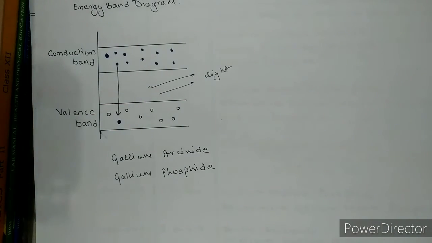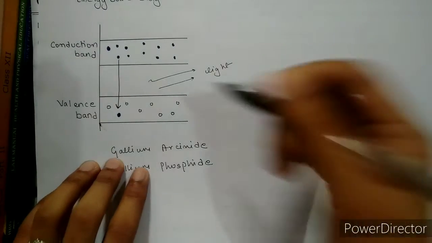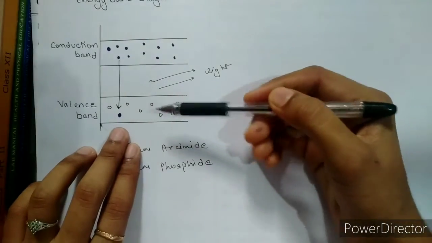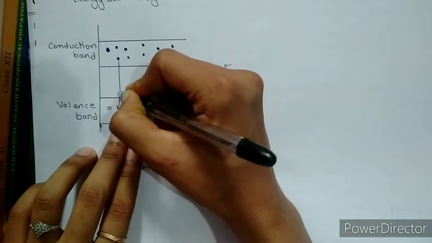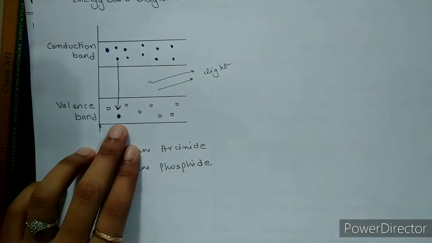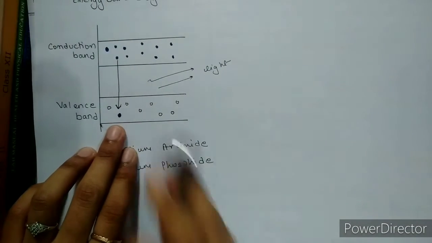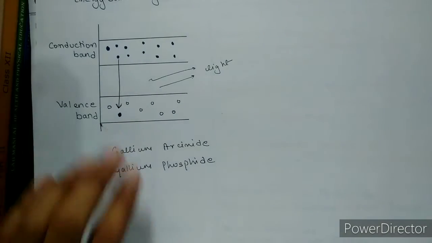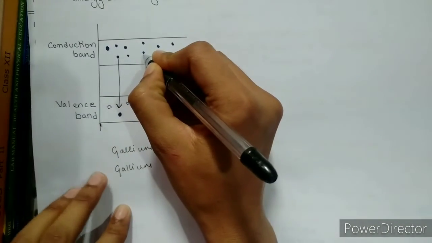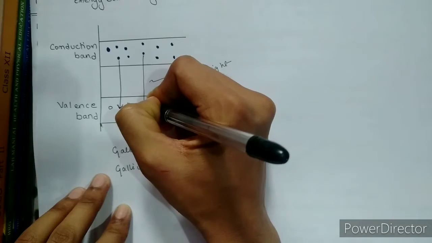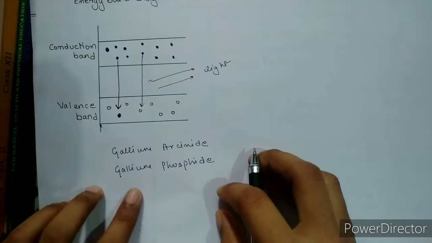Whenever the electrons and the holes recombine, the electrons from the conduction band come into the valence band. Here we can see that this electron comes down and recombines here.